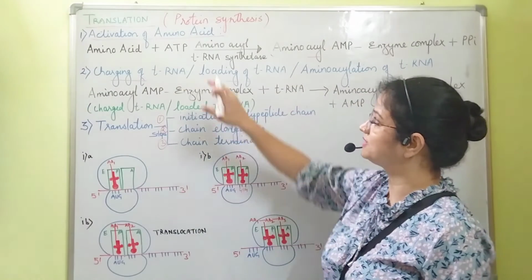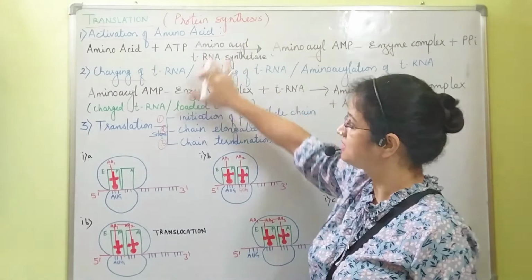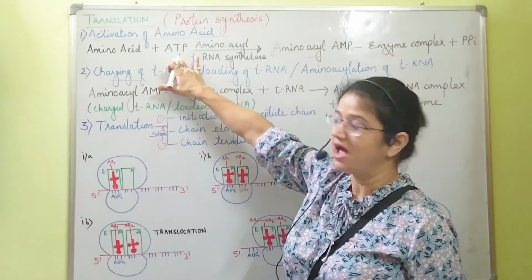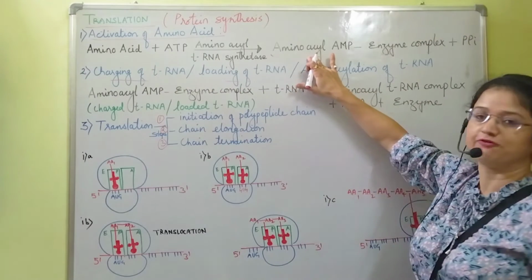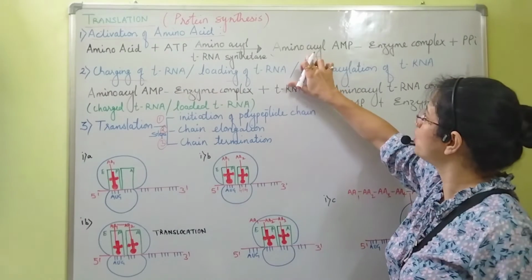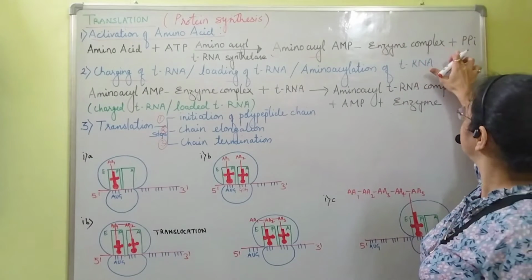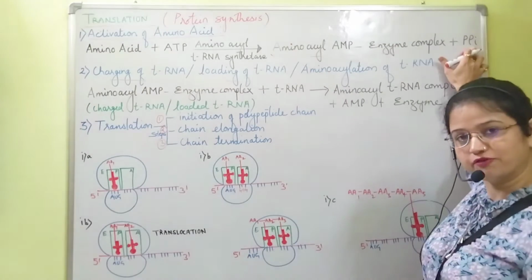So what happens during the activation of amino acid? This amino acid will react with ATP and it will result in the formation of amino acyl AMP enzyme complex, and there is release of inorganic phosphate.